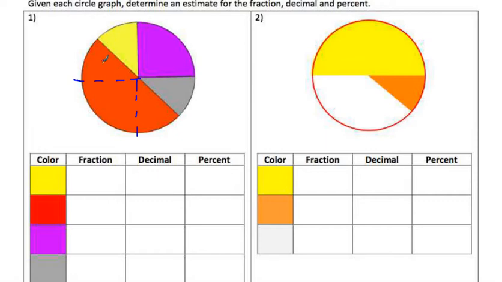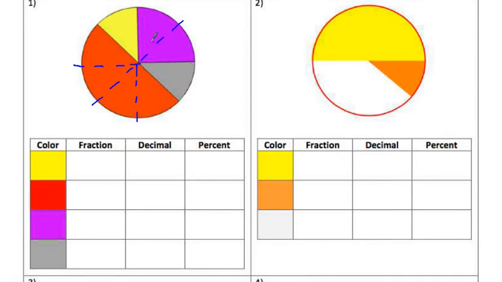Now this piece, that little corner, is cut in half, so I need to cut the corner in half, and I'm going to have to do that on this side as well. Now the whole circle is cut into 1/8 because I had to go according to the smallest piece. So what fraction is yellow? There's 1 yellow piece out of 8 total pieces, 1/8.